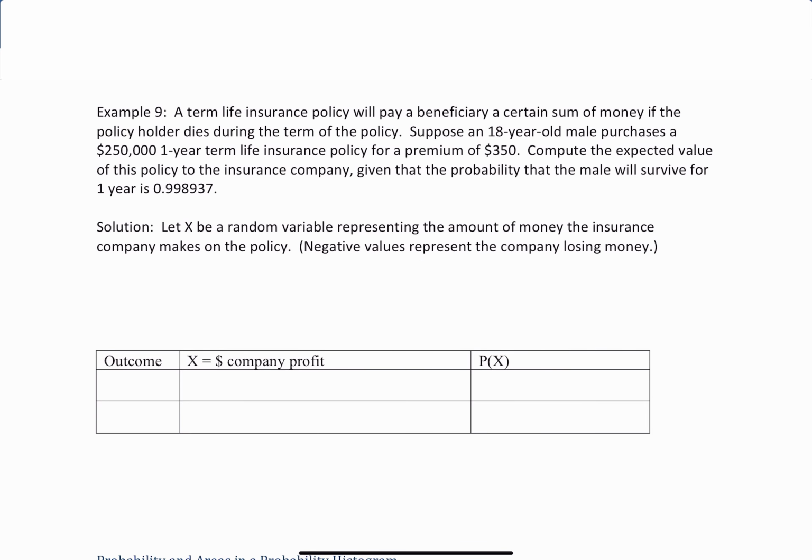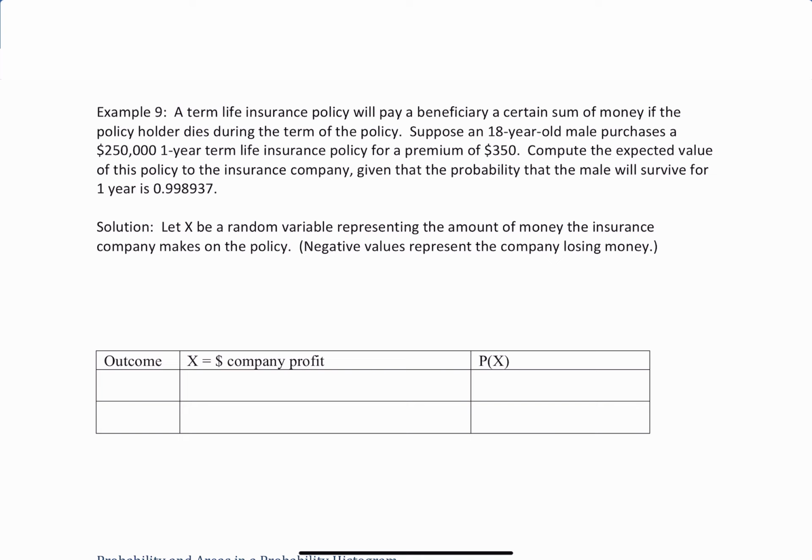A term life insurance policy will pay a beneficiary a certain sum of money if the policyholder dies during the term of the policy. So let's say an 18-year-old male purchases a $250,000 one-year term life policy for a premium of $350.